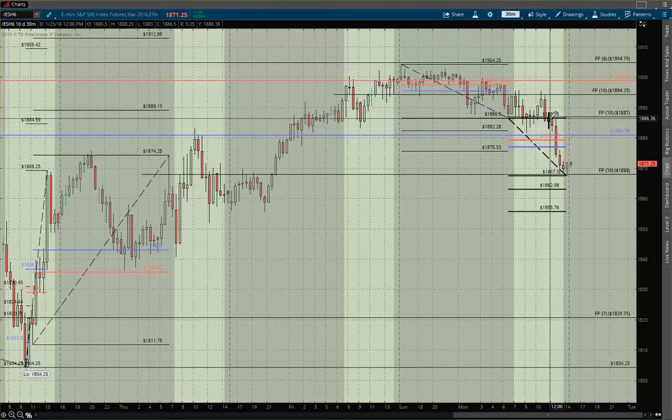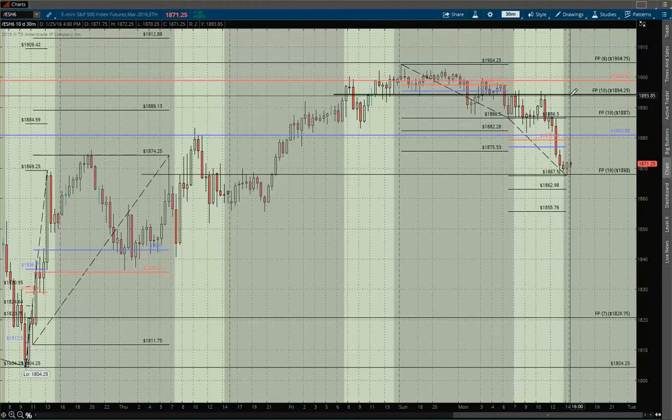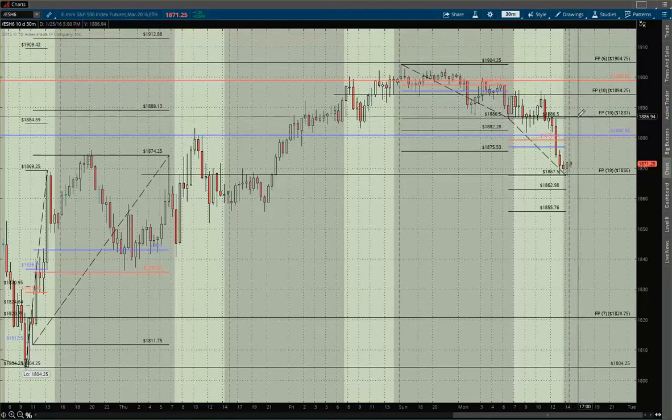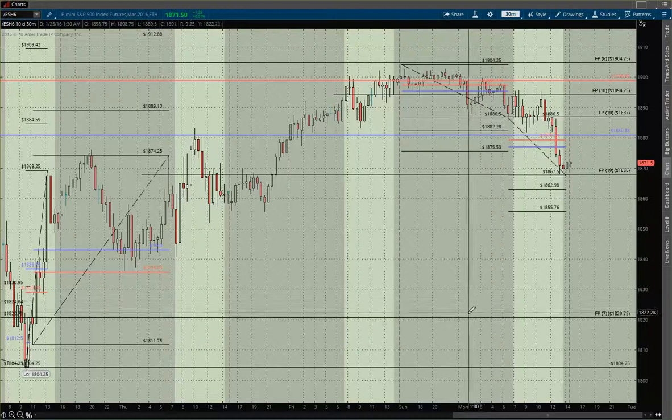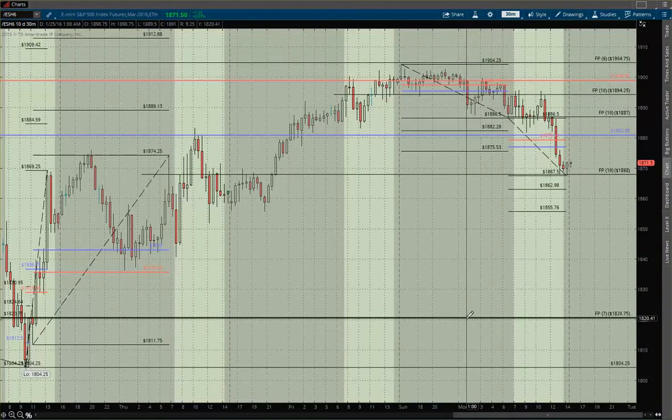And we see that on Friday we had a 10 wide fairest price, and today another 10 wide fairest price developed, and we had another 10 wide fairest price down here, and so on, a 7 wide down here. And these are all based on the most touches on a 30-minute chart intraday.